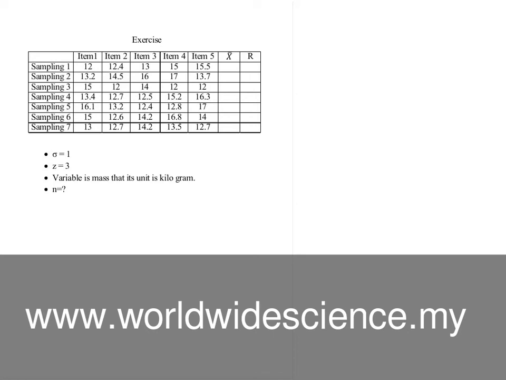Now, in order to calculate X bar bar, we should put these 7 numbers together and then divide by 7. It gives you X bar bar.